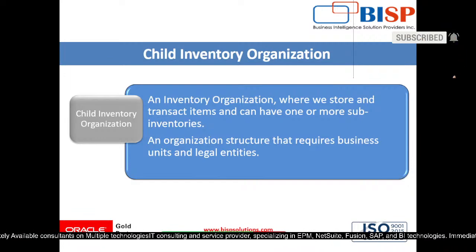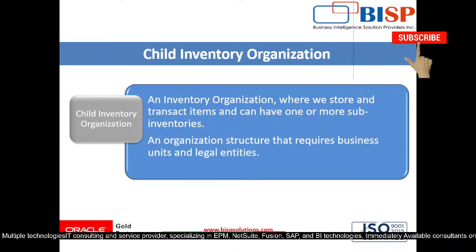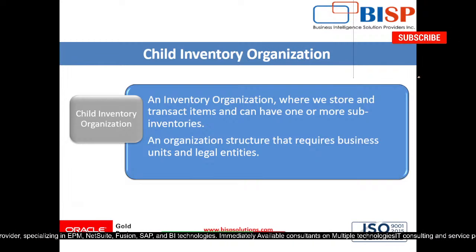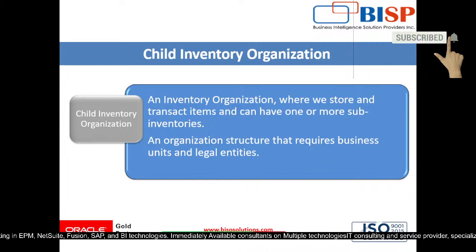While we create the item master organization, we don't need the legal entity and business unit information in our item master, but while creating the child inventory organization, we have to select the business unit and the legal entity also, right?